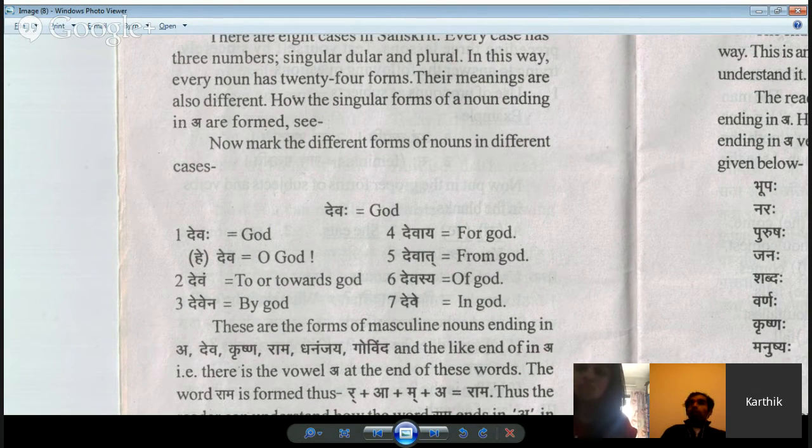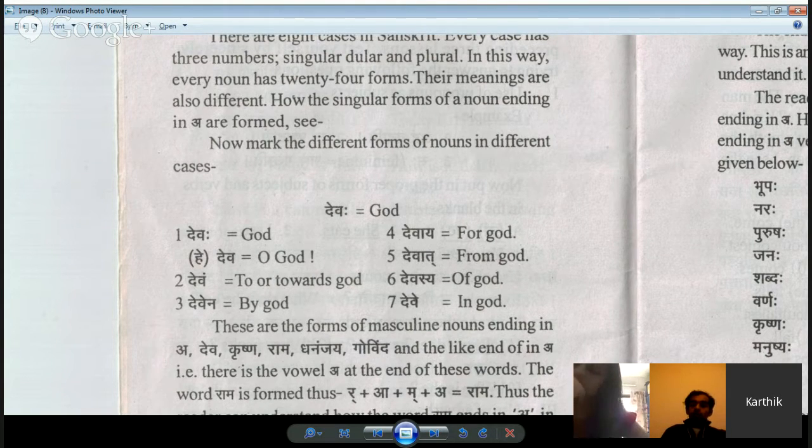Or Oshthasya Varnaha, the color of the lip. We will see the examples as we go on. That is Shashti Vibhakti. It expresses a connection, a kind of relation between two nouns. That's why it's called Sambandha Karaka.